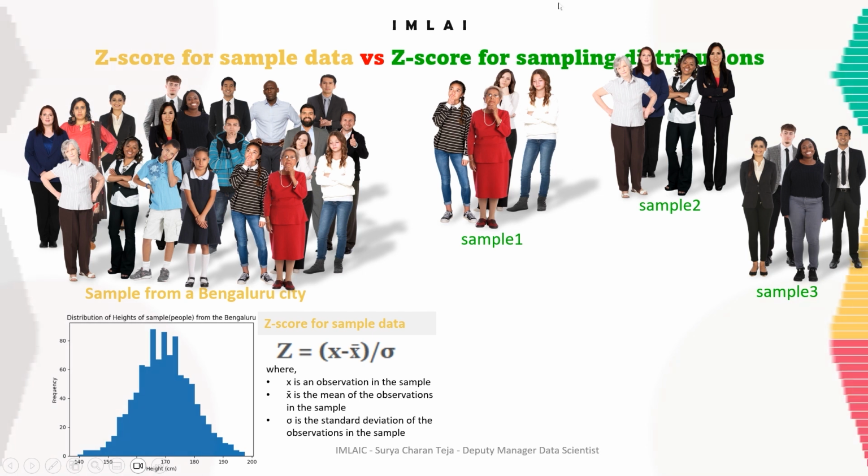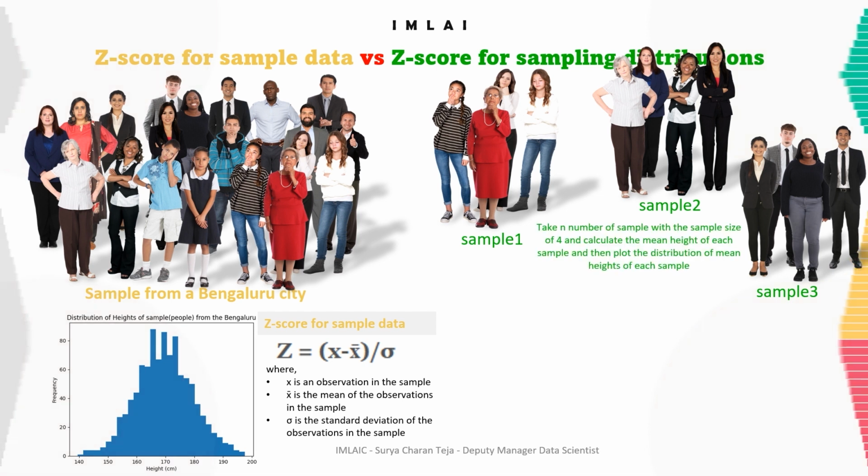So basically, I have taken 3 samples from the population of Bengaluru. Now I will take n number of samples, maybe 1000 samples, and each sample will have a sample size of 4, and I will calculate the mean height for each sample: mean height of sample 1, mean height of sample 2, mean height of sample 3.